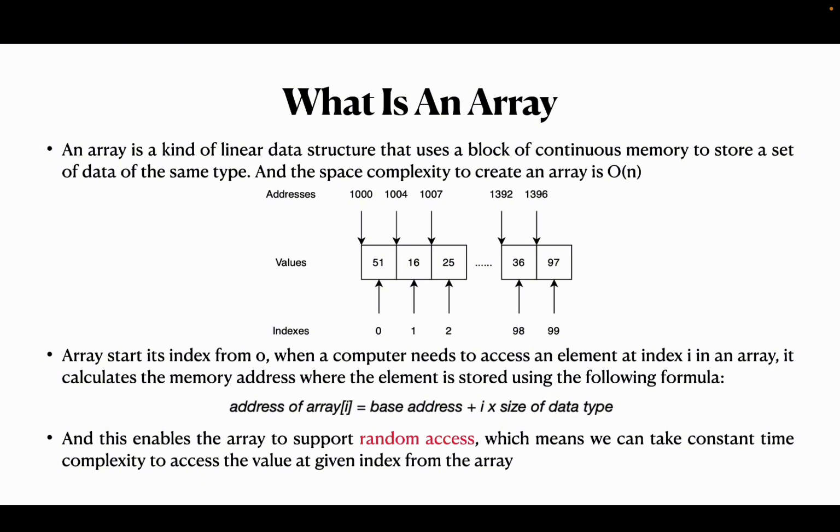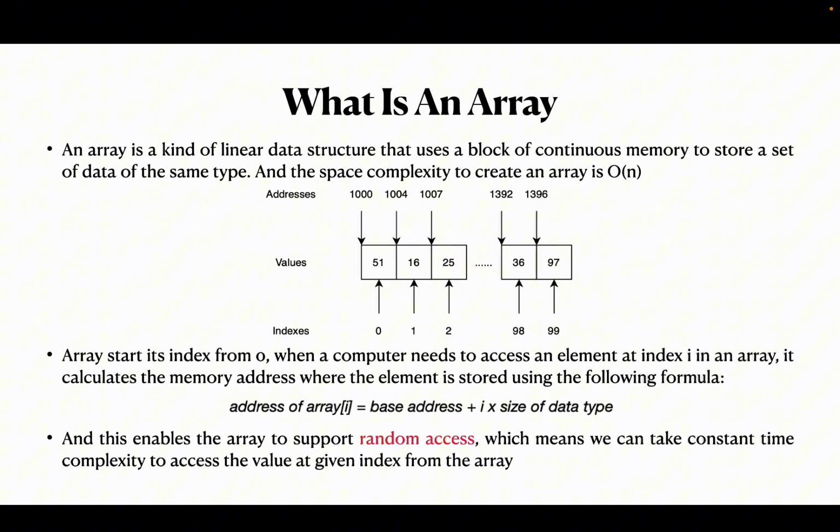What if we want to get the address of the second block? We can use base address 1000 plus I, and since the index is starting from 0, for the second block I equals 1. And since the data type is an integer, the size of it is 4 bytes. So the address of the second block is 1000 plus 1 multiplied by 4, which is 1004.